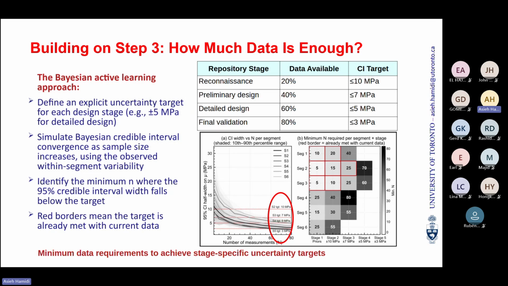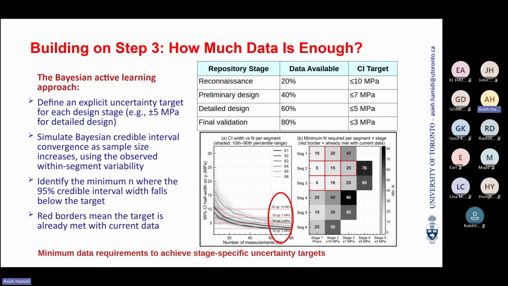As more data becomes available, going from 0 up to 80 data points, we reach the uncertainty target that we have. In other words, the precision that we would like, all are converging toward a specific precision. Most of them are below the target, meaning they have sufficient precision.